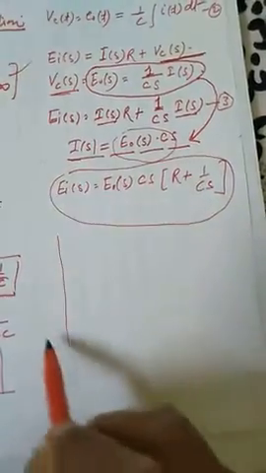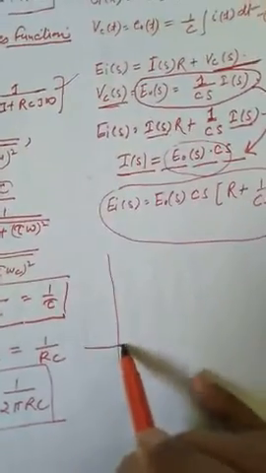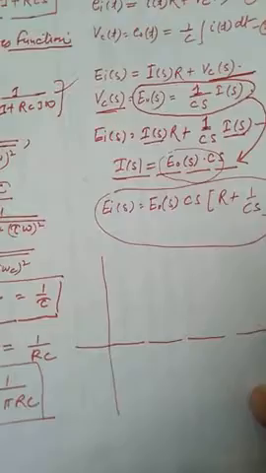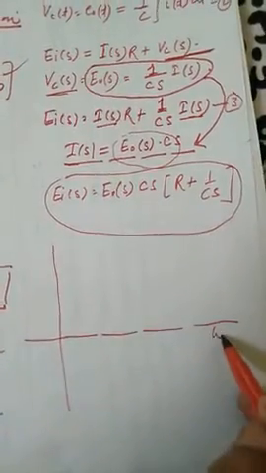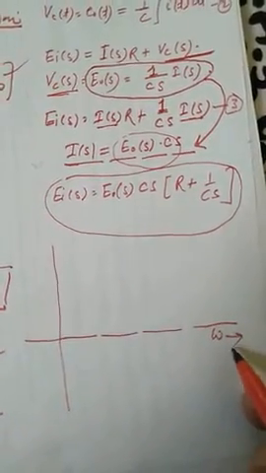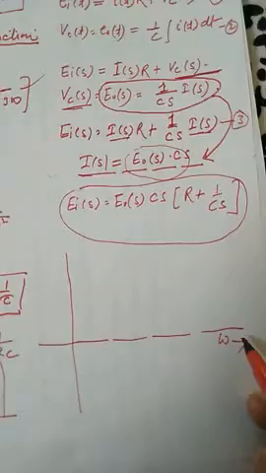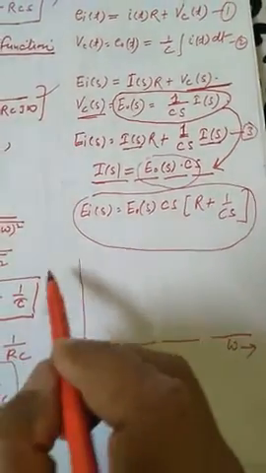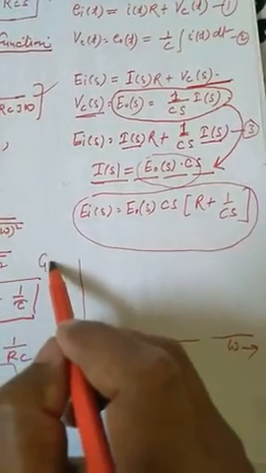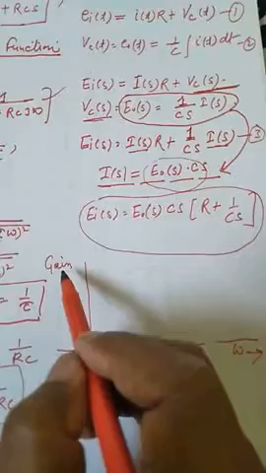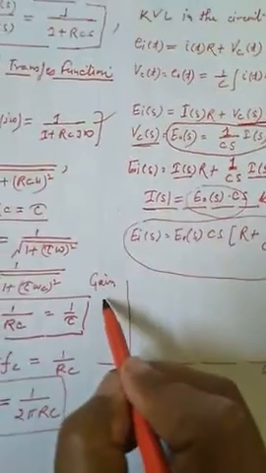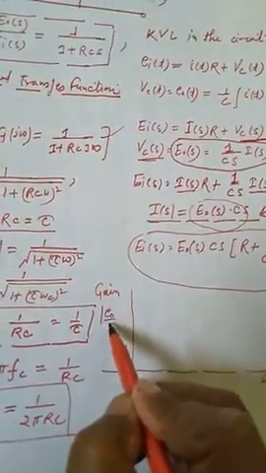In the frequency response plot, we vary omega, which is in radian per second, on the x axis, and on the y axis the gain is plotted, that is the magnitude of E0 upon Ei.